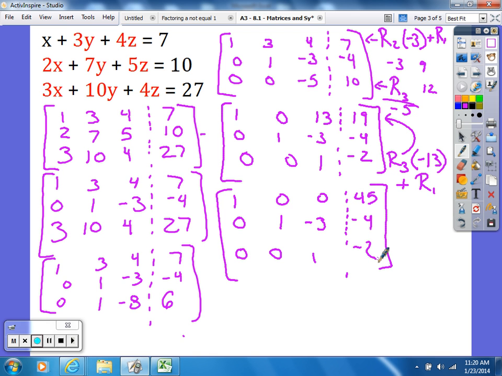I'll be honest, as you're looking in the middle of this problem, you're not going to see, oh, that makes sense. It takes some time to actually see the whole process. Negative 13 times negative 2 is, plus row 1.